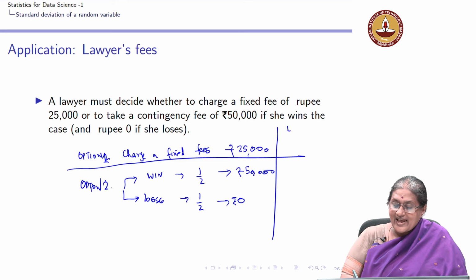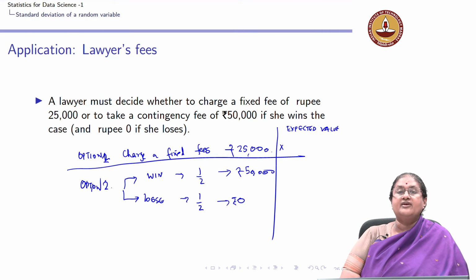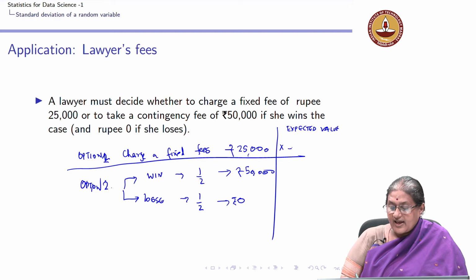So let's look at the expected value in both the cases. Now here, if X is my earning when I am charging a fixed fee, X is taking one value which is 25,000 with probability 1. Hence, expectation of X is rupees 25,000.